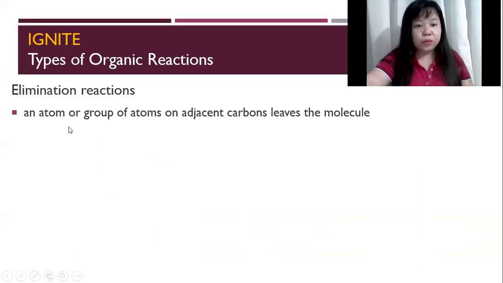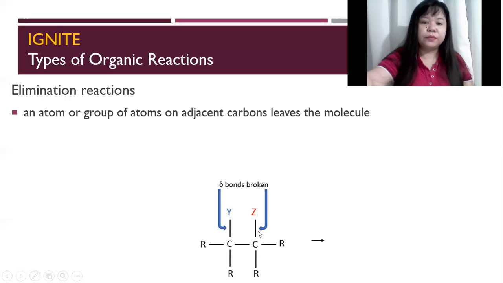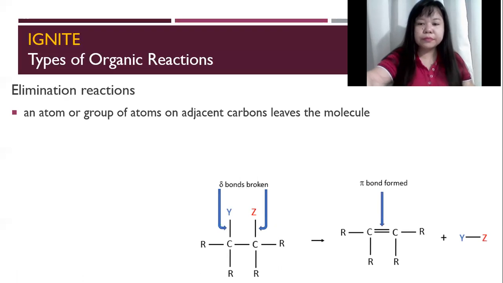This is where an atom or group of atoms on adjacent carbons leaves the molecule. So we start with a structure where we do not see any pi bond. So these sigma bonds will be broken, and a pi bond is formed.